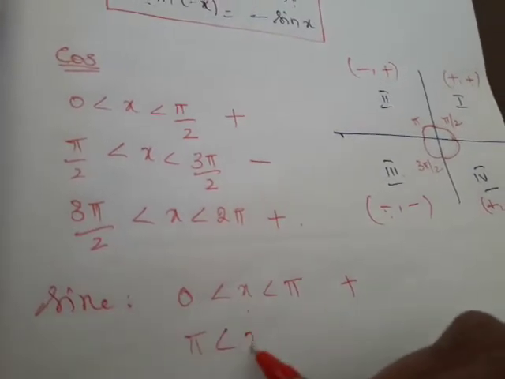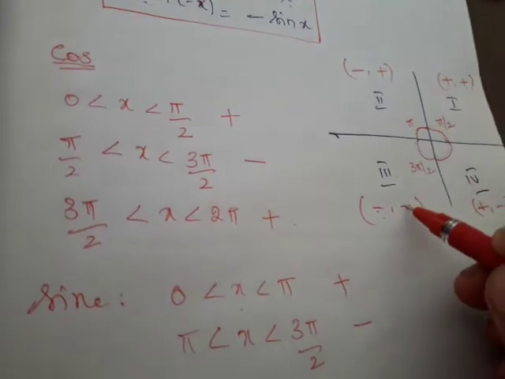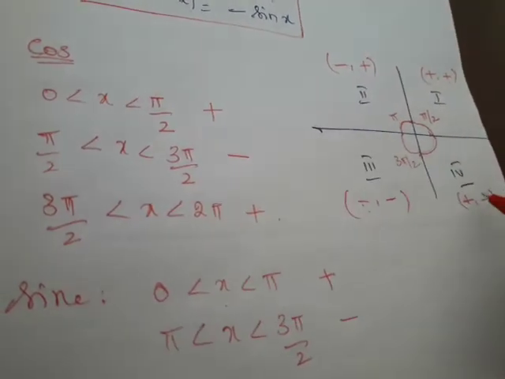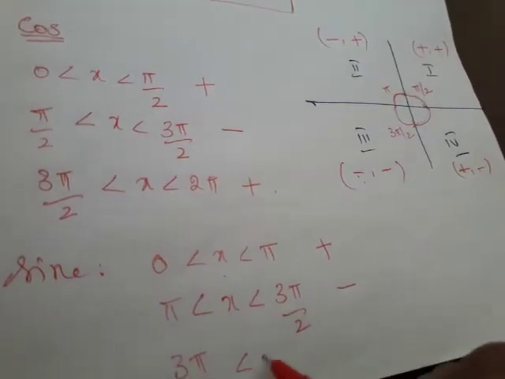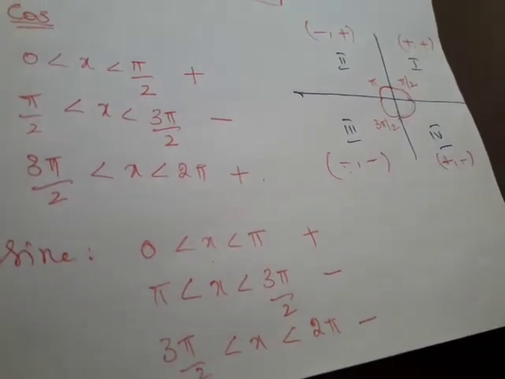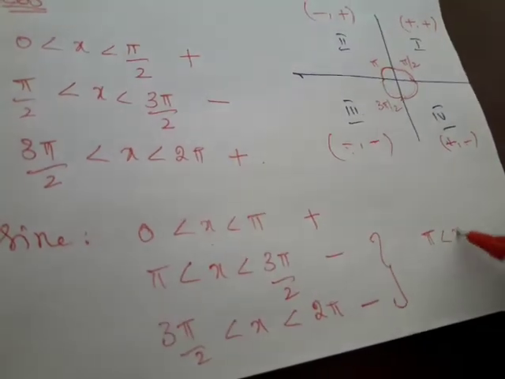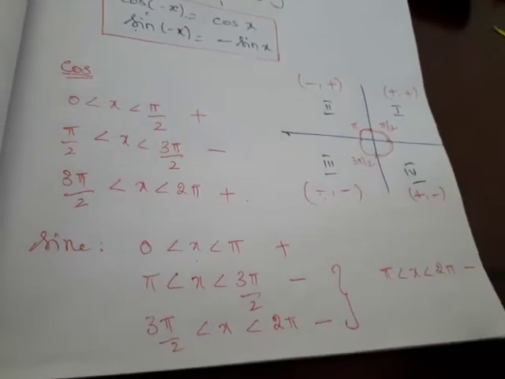We are bothered about the y coordinate now. From 3 pi by 2 to 2 pi, also it is negative, right? So these two we can combine and write pi to 2 pi, it is negative, right?